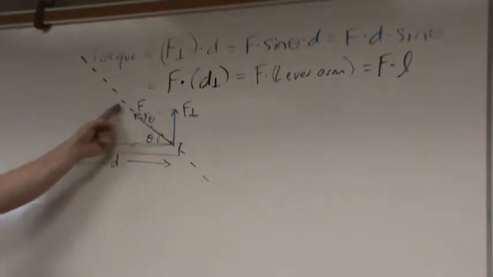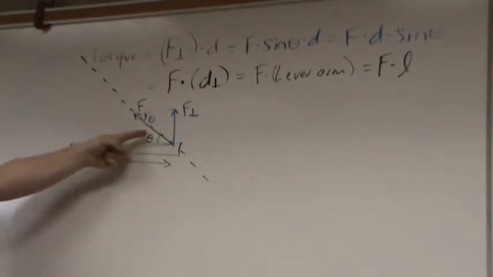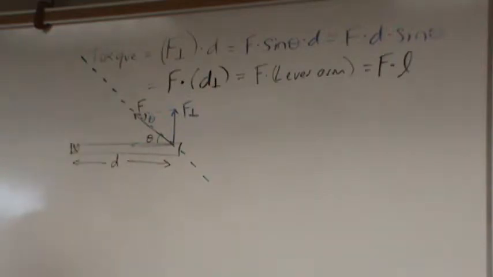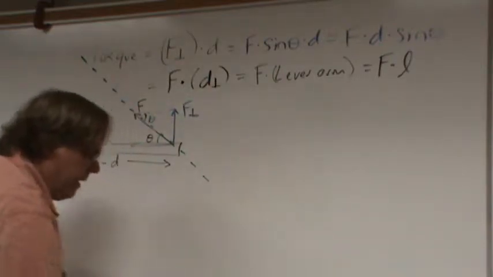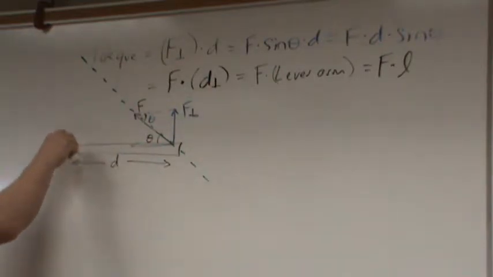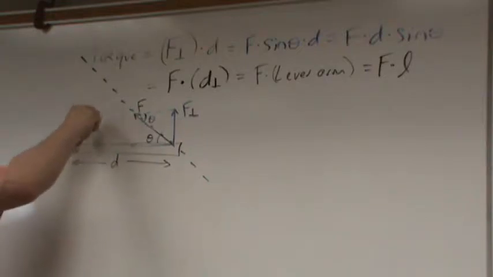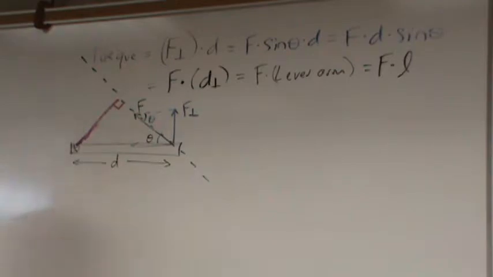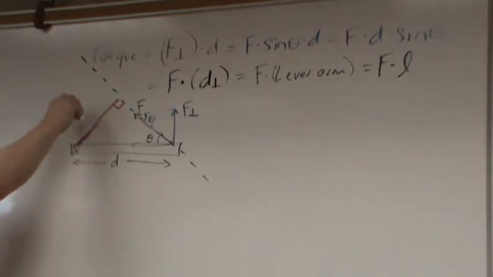It's called the line of action, or the line of force. It's the line that contains the force vector. Starting from the point of rotation, you draw the component of your door perpendicular to the line of action. This is my lever arm.